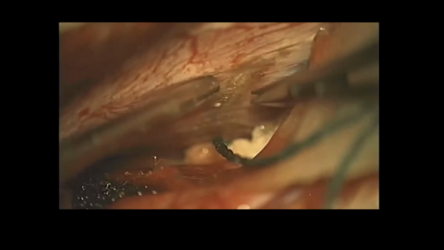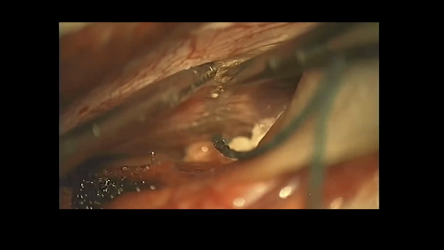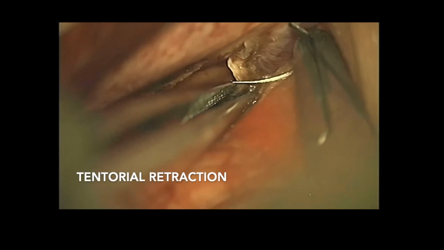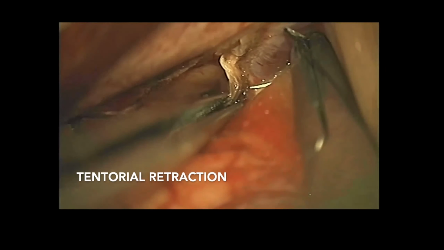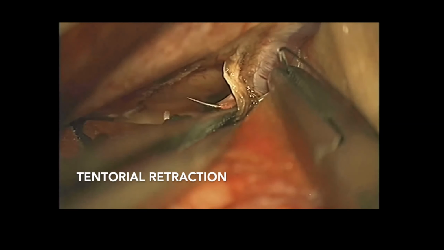You'll coagulate the tentorium, incise it with a beaver, and then open it with micro scissors. You can place a small cottonoid patty above the tentorium to protect the basal surface of the temporal occipital lobe. Once you've opened it all the way to the free edge, then you want to place Neurolon 4-0 sutures.